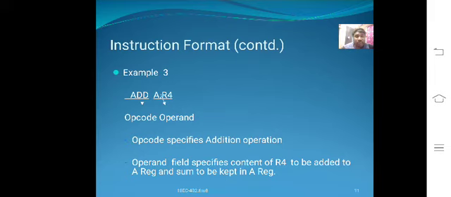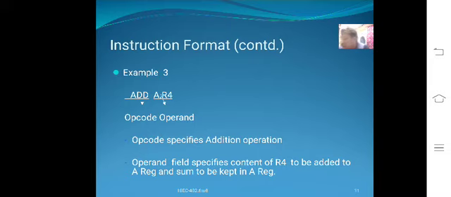The opcode specifies the addition operation. The operand field specifies that the content of R4 is to be added to register A and the sum is to be kept in the A register.